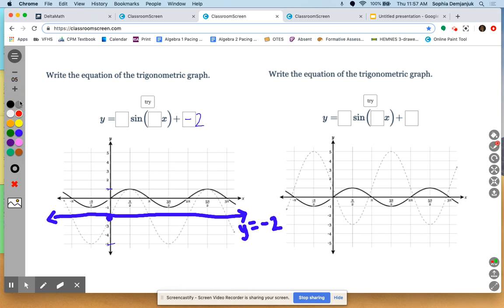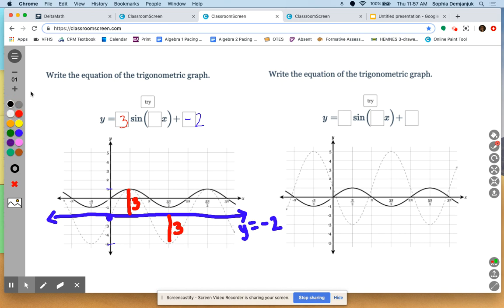Second thing we want to find is the amplitude, and that's how far away the maximum or the minimum is from that midline. I can go from the midline to the max, and I can see that was 1, 2, 3 units. And I can verify that with the minimum, 1, 2, 3 units as well. So in my equation, 3 is going to go at the beginning. And now we're going to see if it was reflected or not.